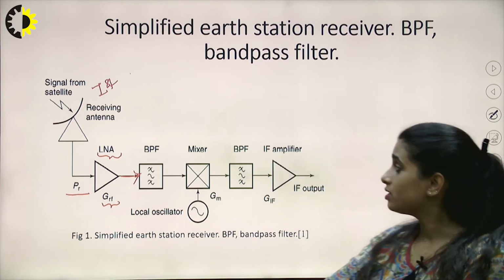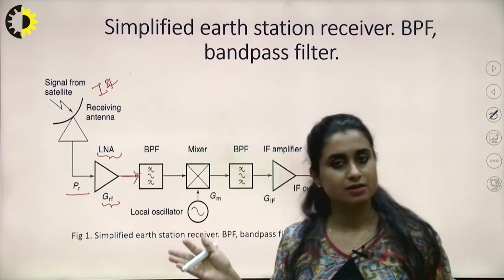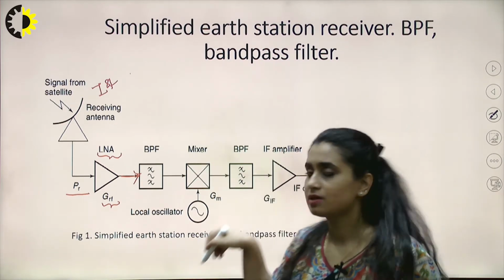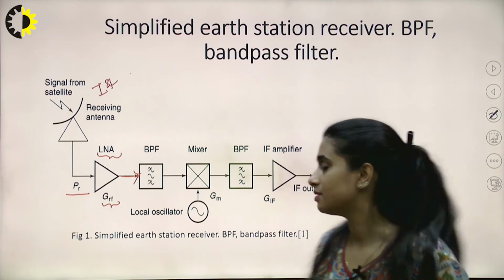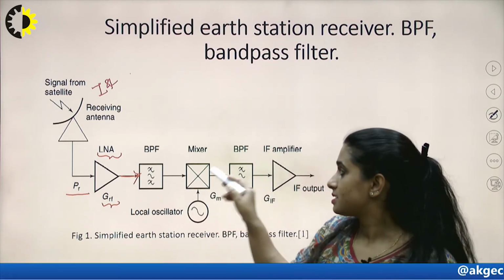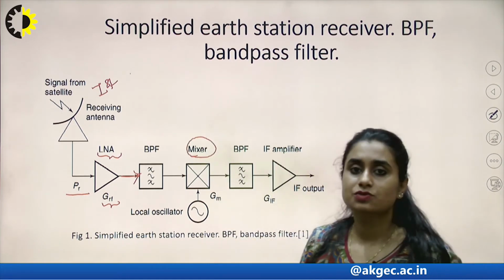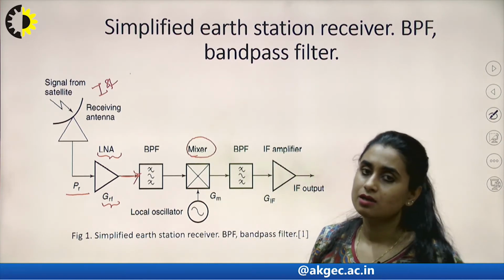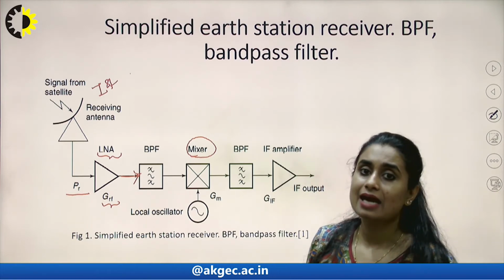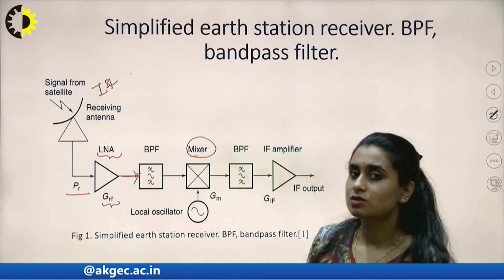We know that a receiver would be a series of band pass filters and amplifiers, so we can have n number of band pass filters or n number of amplifiers here. Then it goes to the mixer. The role of the mixer is very important in a receiver. Here my mixer acts as a down converter. What is the role of a down converter?